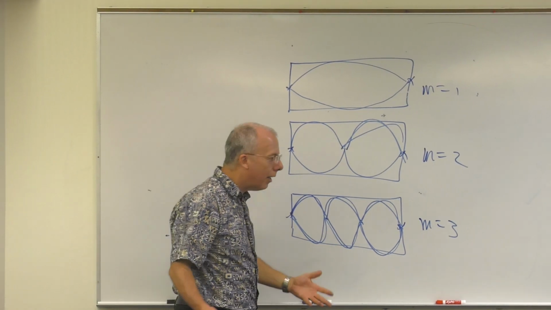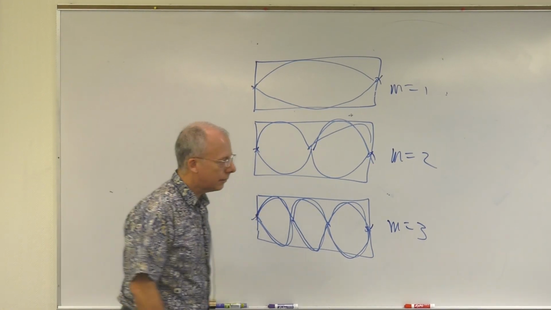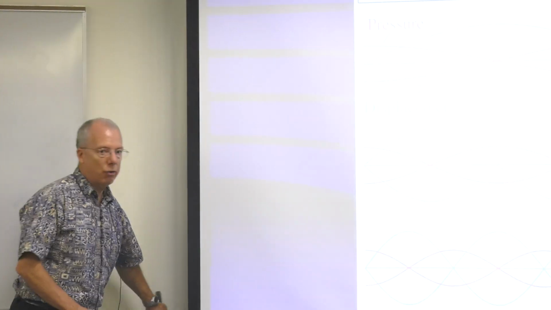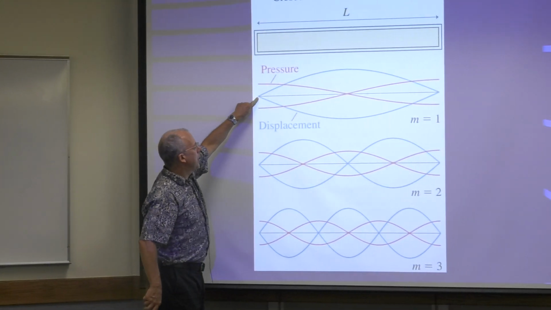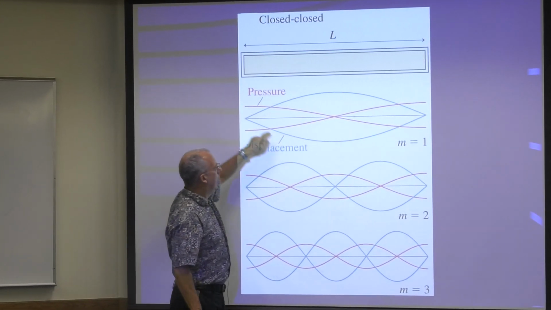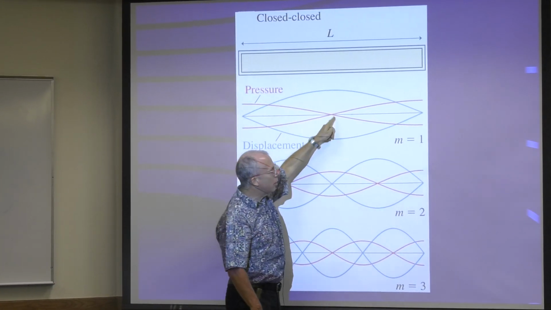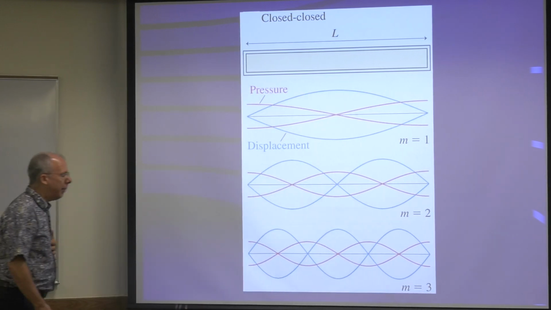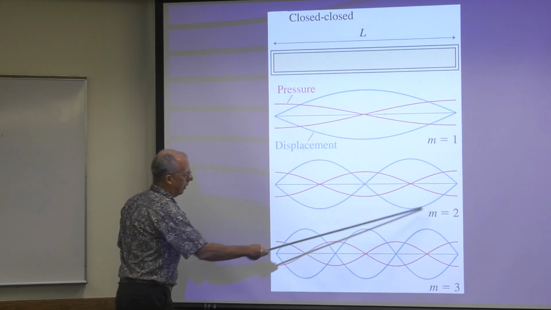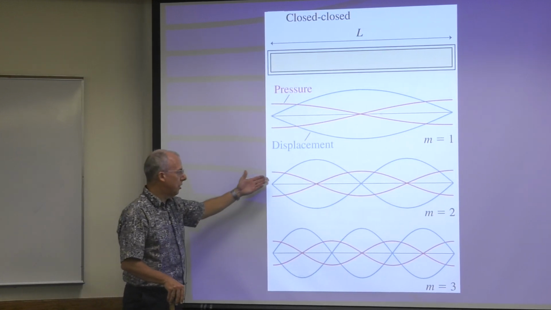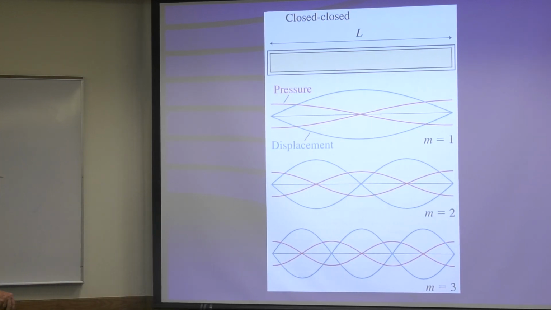That's all there is to it. And then if they ask you to draw the pressure, it's just opposite. So here's a displacement node, you put a pressure antinode. Here's a displacement antinode, you put a pressure node. Bingo. So in my opinion, I would always draw the displacement curves first, and then once you have those, draw the pressure graphs. So there it is, that's all.